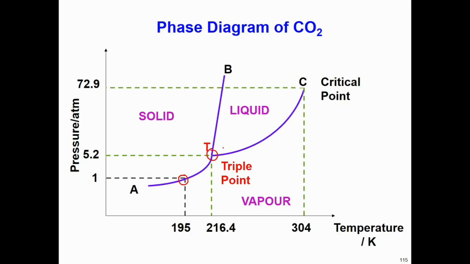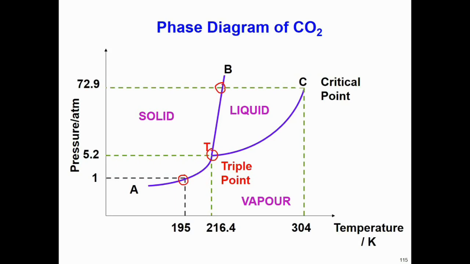Now let's look at the last one. When we increase the pressure to 72.9 atm, at low temperature, carbon dioxide is still in the form of solid. But if we increase the temperature and it reaches this point here, this is the point where solid carbon dioxide will turn into liquid carbon dioxide.